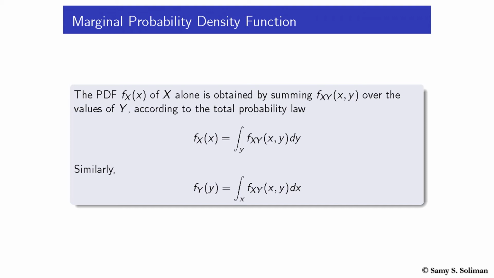So if we want to find the probability density function of random variable x, irrespective of the values of y, we do it by calculating the integral of the joint distribution function over the other random variable, which is y, and of course here the integration is over all the range of y. Similarly, we can find the marginal distribution of random variable y.